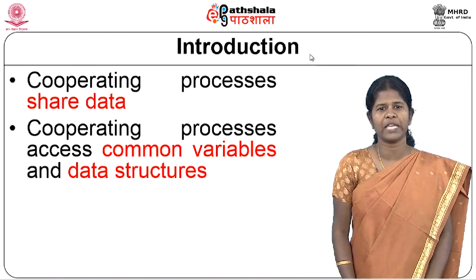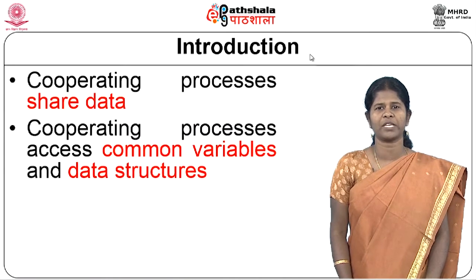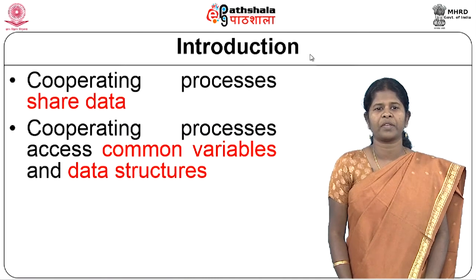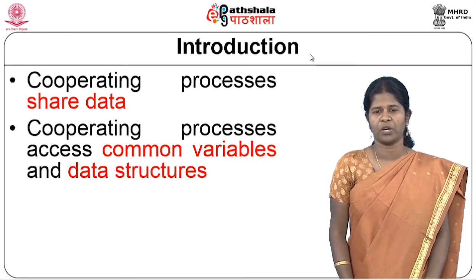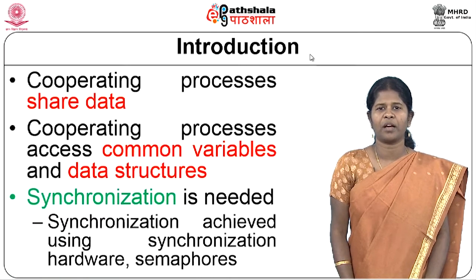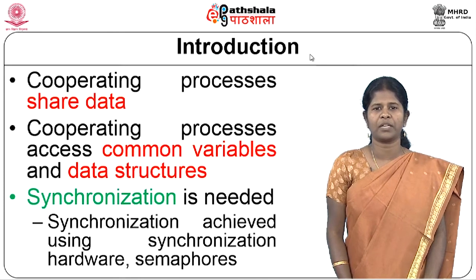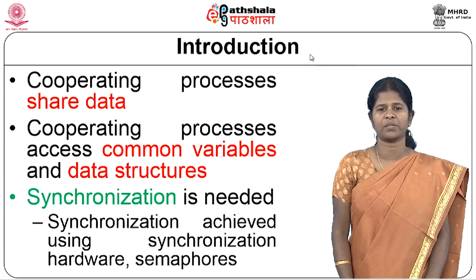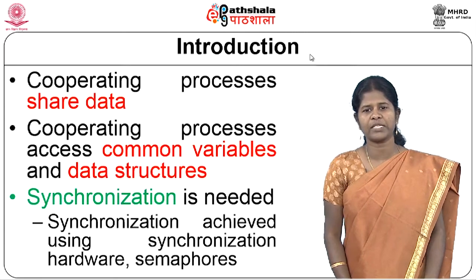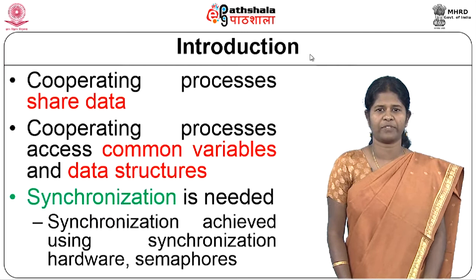So, we have been seeing about cooperating processes, and we know that cooperating processes share data, and the data that is being shared can be in the form of variables or in the form of data structures. Many processes which share common variables need to have synchronization between them, and synchronization between processes can be achieved using different ways.